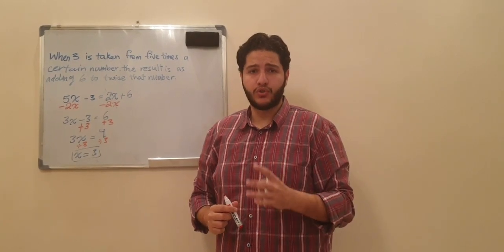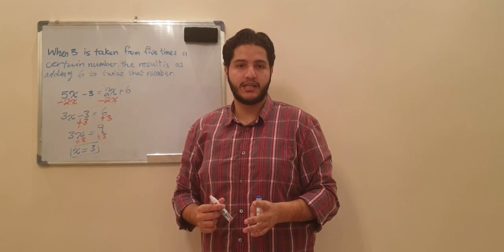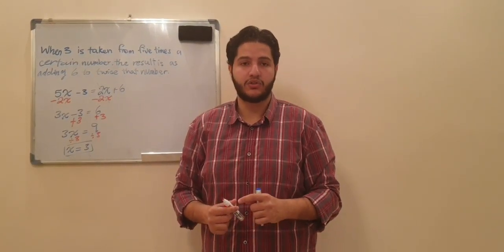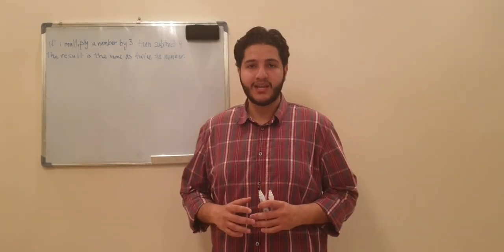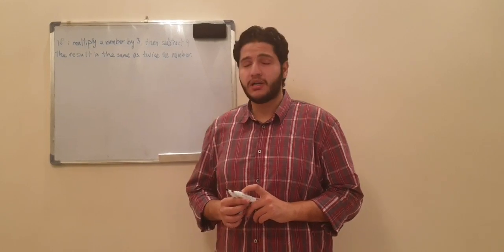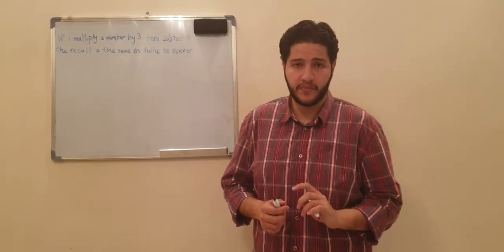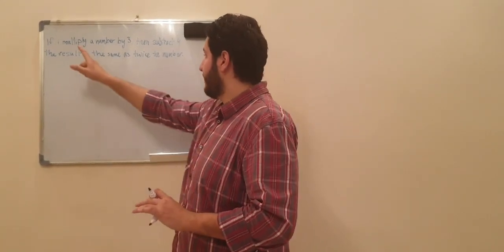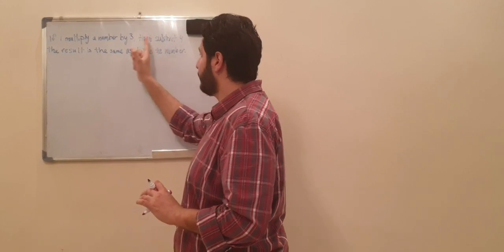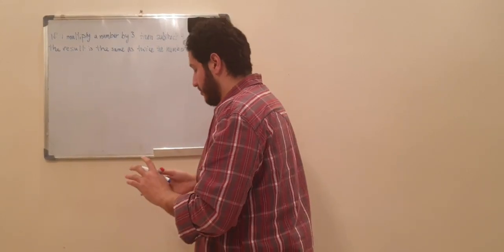Now, I'm going to choose a couple of exercises from exercise 14.6 and write them on the board and then explain how to solve them. This example right here is question number 5 from exercise 14.6, page 244. The statement says, if I multiply a number by 3, then subtract 4, the result is the same as twice the number.